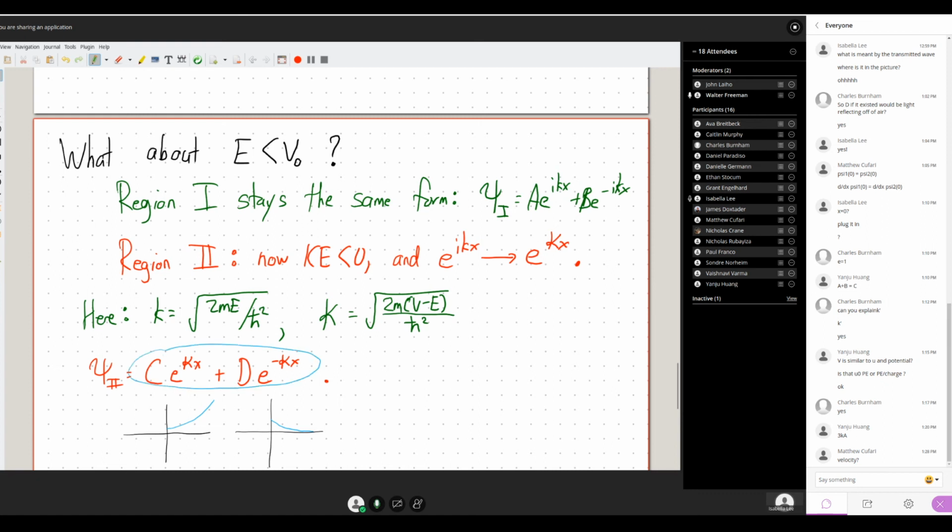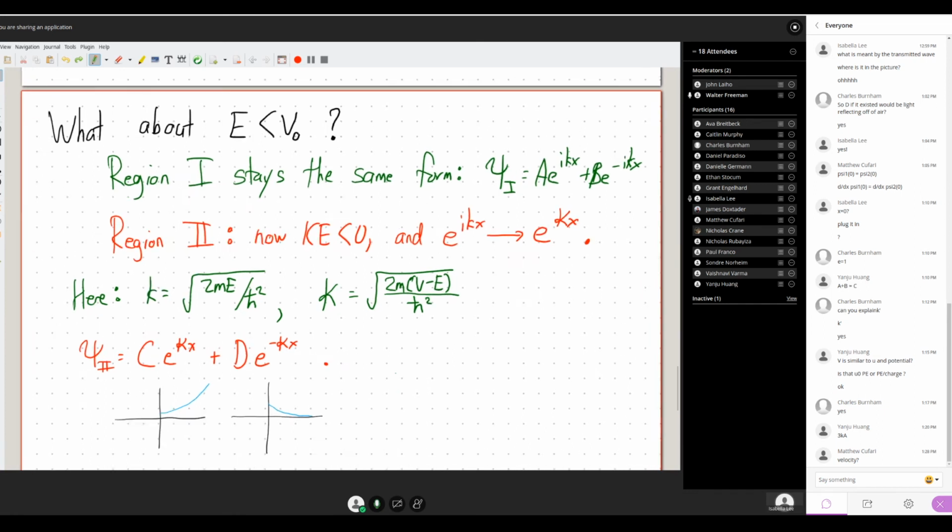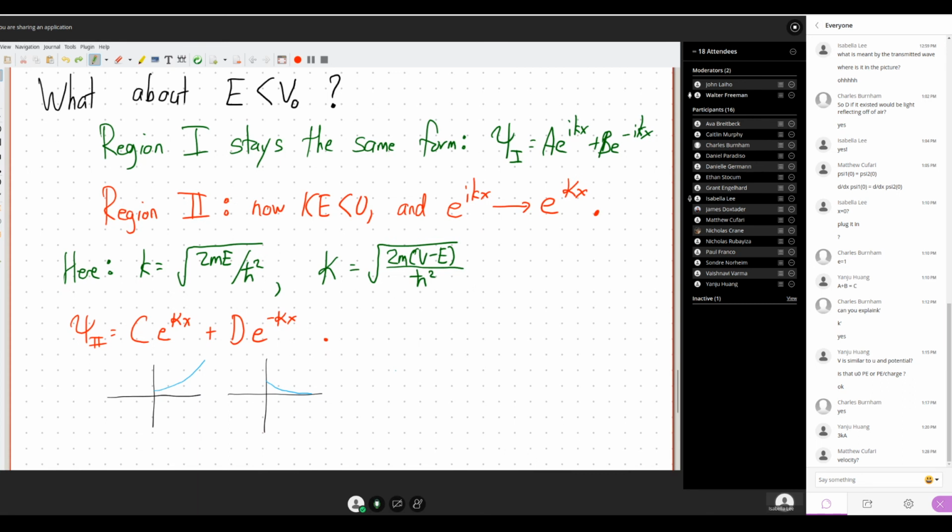Of these, C and D, which one can I cross off? C. Why? Because you said that the tennis ball would bounce back, it wouldn't go through the wall. Speaking metaphorically. Yes, and both of these involve the tennis ball going through the wall a little bit, right? But C looks like the probability for the tennis ball to go through the wall blows up as x gets large.